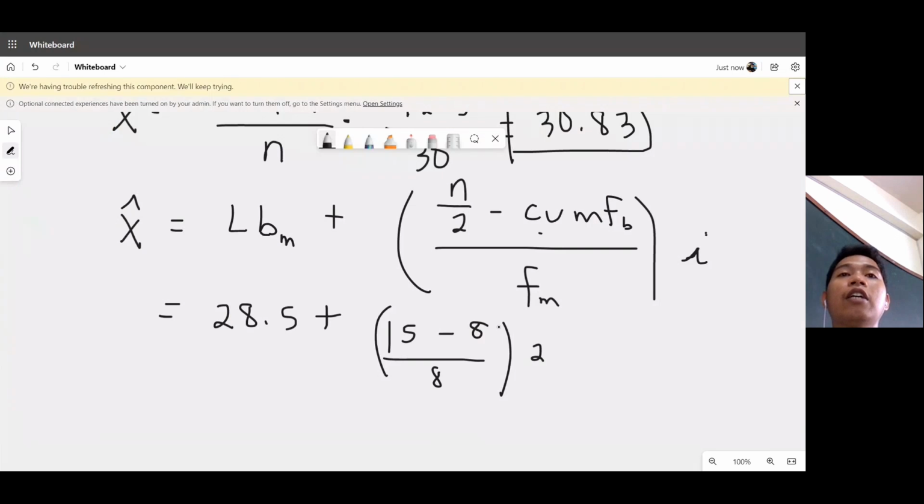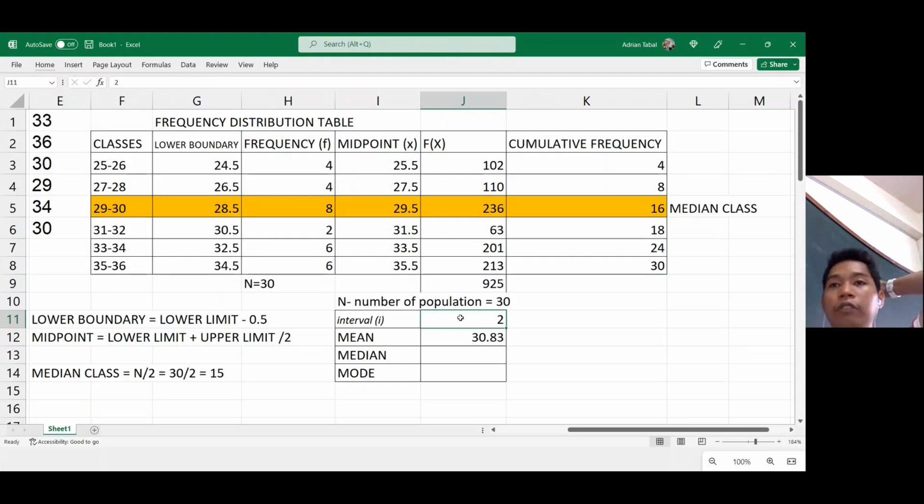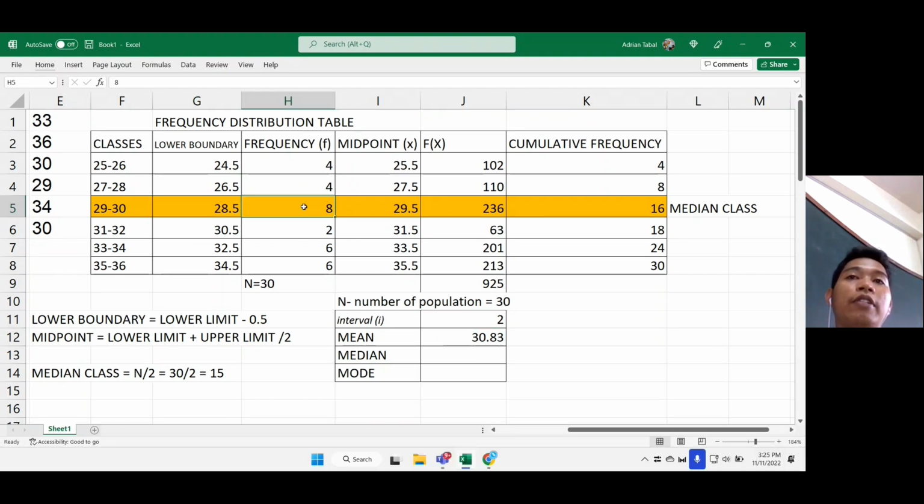So it is important to know the interval, the lower boundary of the median class, the frequency of the median class, and the cumulative frequency before the median class, which is 8.